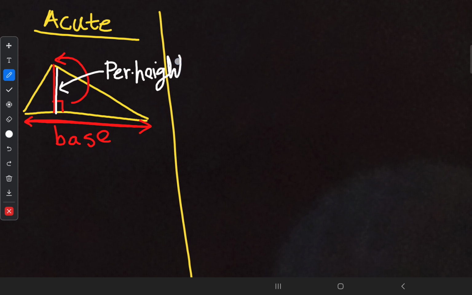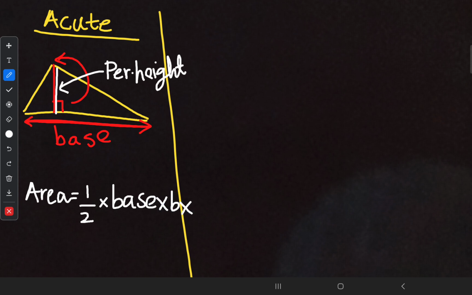This is a very important thing while we deal with triangles: the perpendicular height. Then to find the area of the triangle, we have to use the formula half into base into perpendicular height. Half multiplied with base multiplied with perpendicular height will give you the area of an acute triangle.